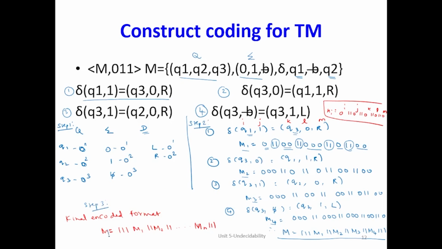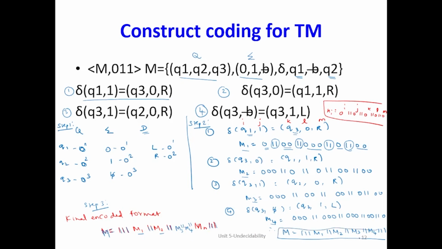The final encoding format is capital M is equal to, it should start with 111 and it should end with 111. And the intermediate notations are M1, M2, M3, M4. These values will be separated with 11. So the intermediate values are 11. So I write that generalized notation here.